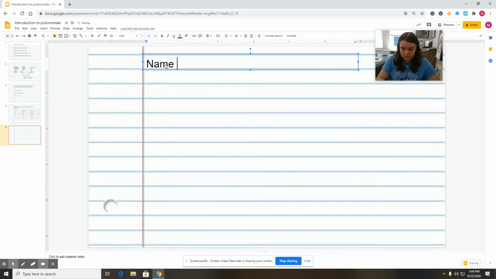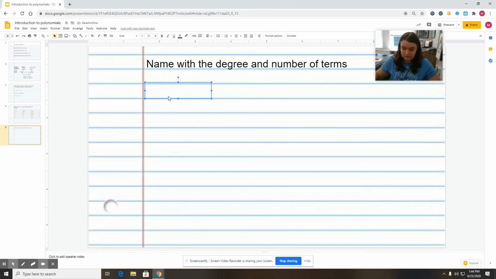All right, so the last part of the notes here, we are going to name with the degree. So first degree, second degree, third degree, those special names that we just learned, and the number of terms. So first we have x squared plus 2x plus 3.